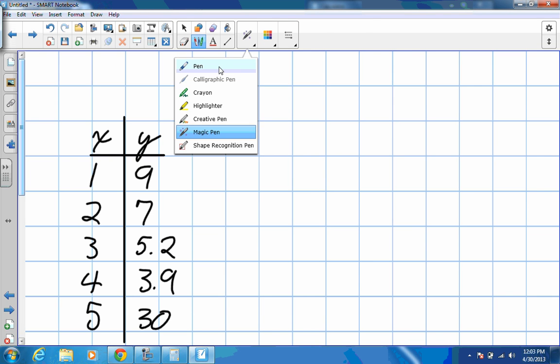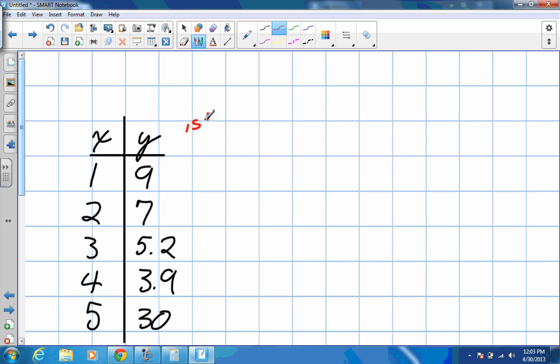We'll quickly go through first differences. 7 from 9 is negative 2. 5.2 from 7 is negative 1.8. 3.9 from 5.2 is negative 1.3.